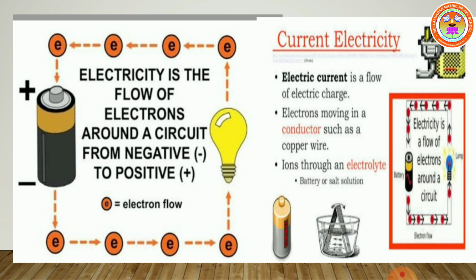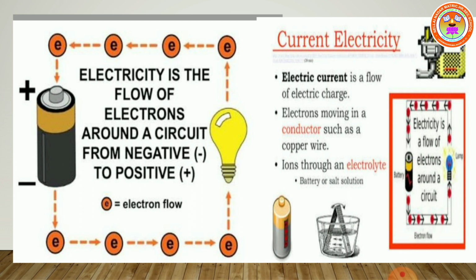So, electricity is the flow of electrons around a circuit from negative terminal to positive terminal. So, what is current electricity? Electric current is the flow of electric charge. The flow of electrons. Electron is the minus charge, that means negative charge.